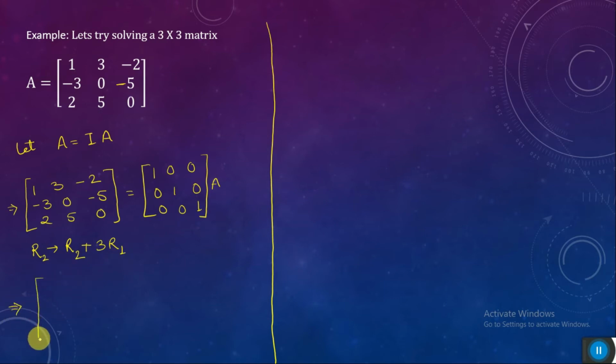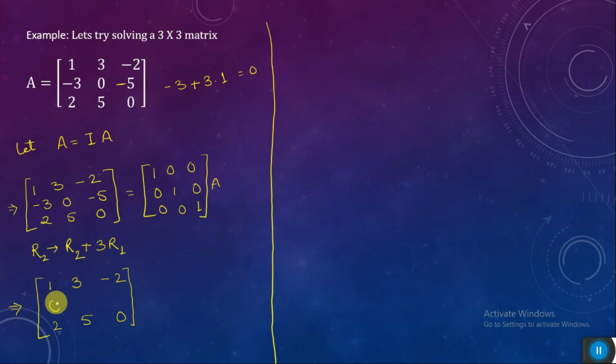Now you can see only row 2 is under operation, so row 1 and row 3 you write as it is: 1, 3 and minus 2, 2, 5 and 0. And row 2: minus 3 is coming from row 2 plus 3 times row 1, which is 1, so this becomes 0.